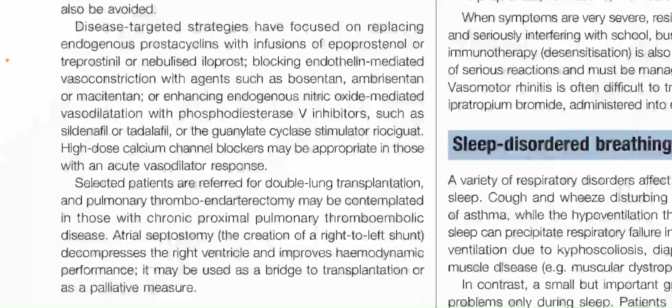Disease targeted strategies have focused on replacing endogenous prostacyclins with infusions of epoprostenol or treprostinil or nebulized iloprost, blocking endothelin mediated vasoconstriction with agents such as bosentan, ambrisentan, or macitentan, or enhancing endogenous nitric oxide mediated vasodilatation with phosphodiesterase 5 inhibitors such as sildenafil or tadalafil, or the guanylate cyclase stimulator riociguat.